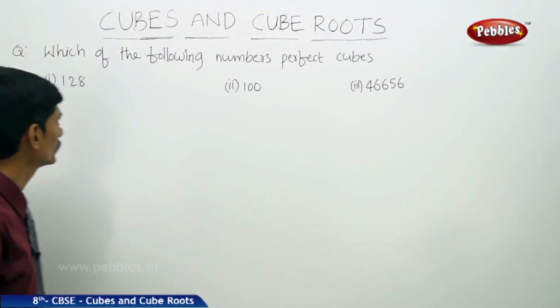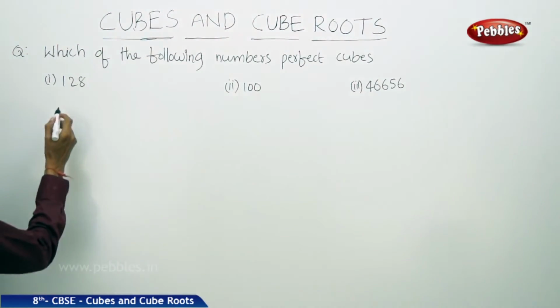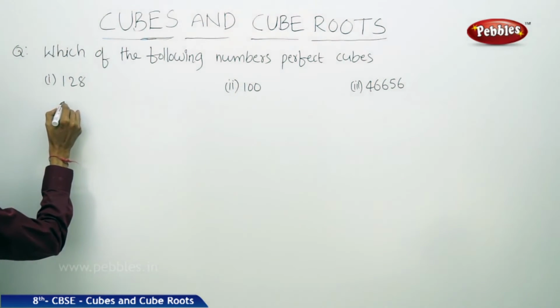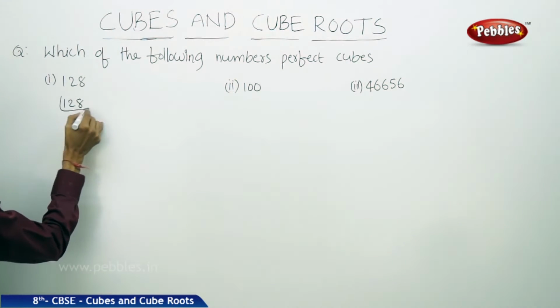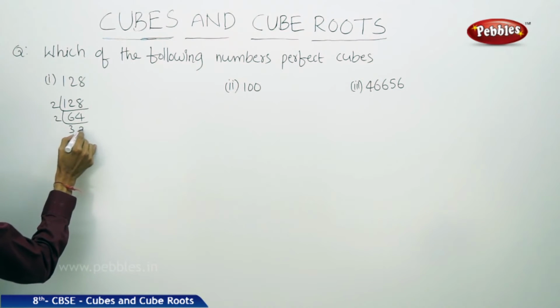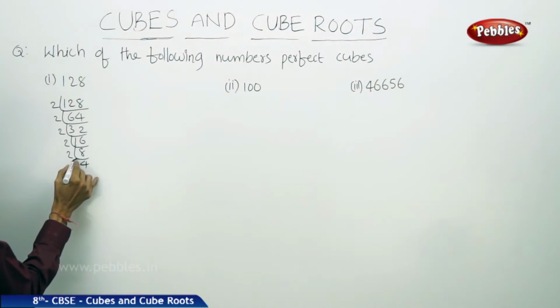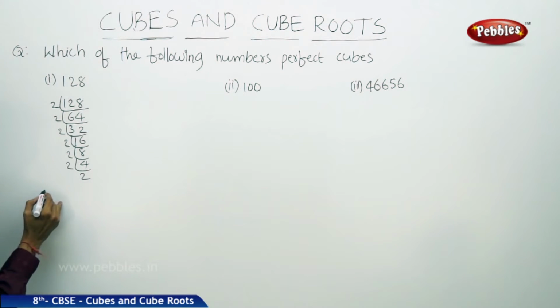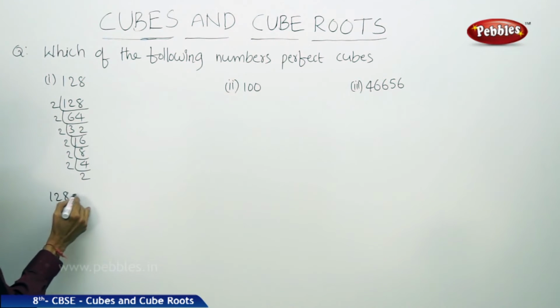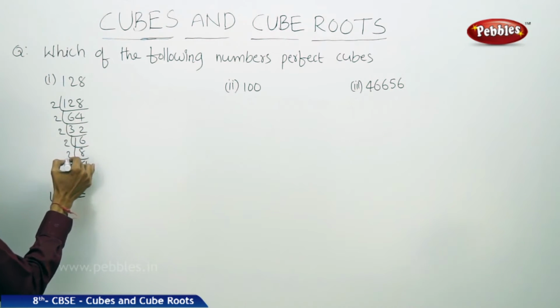Now let us solve a question. Which of the following numbers are perfect cubes? Now the first question, 128. If you factorize 128, we get 2 6s are 12, 2 4s are 8, 2 32s are 64, 2 16s are 32, 2 8s are 16, 2 4s are 8, 2 2s are 4. So we can write 128 equals, how many 2s are there? 1, 2, 3, 4, 5, 6, 7.